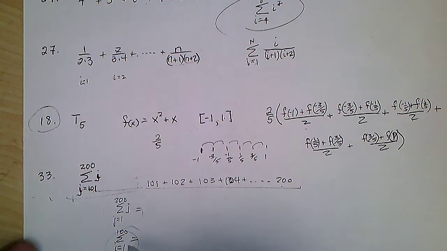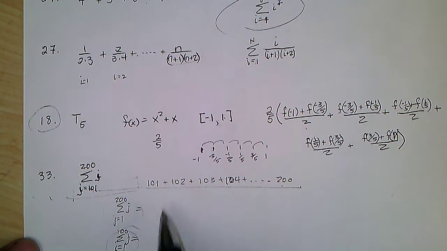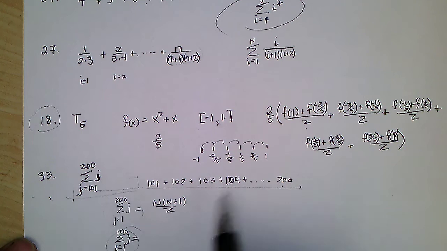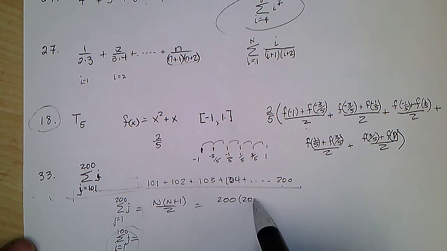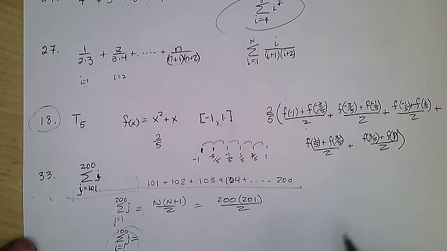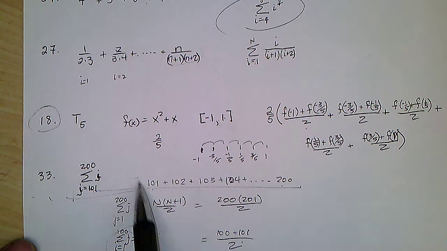And the formula for it starting at 1 and going to 100 is n times n plus 1 over 2, and 200 is n, so this would be 200 times 201 divided by 2. This one would be 100 plus 101 divided by 2. And so if I figure out this answer and subtract them, I should have these numbers here.